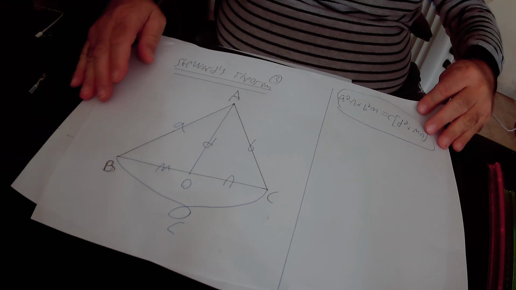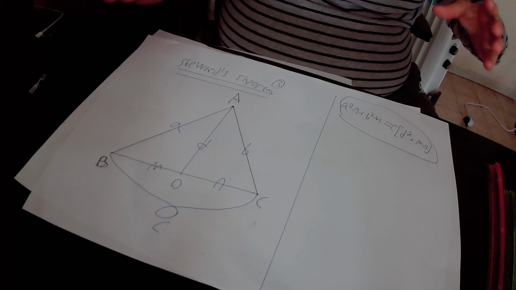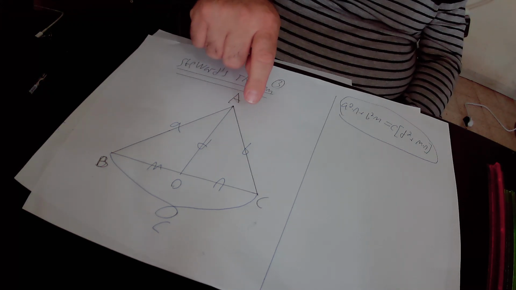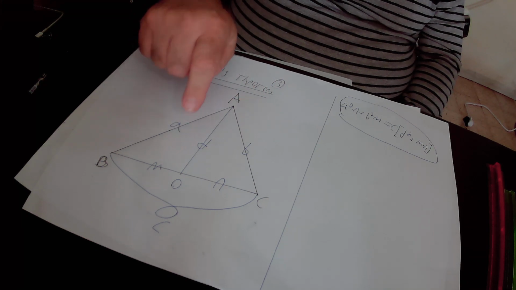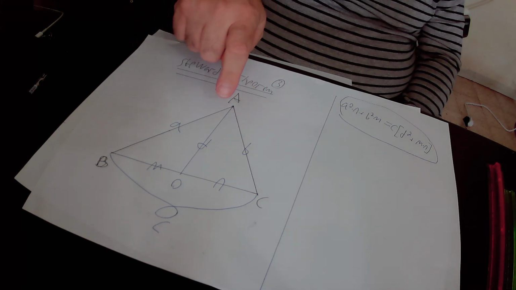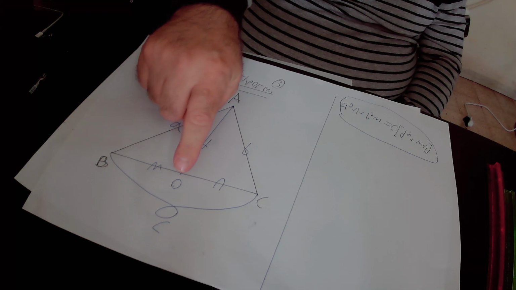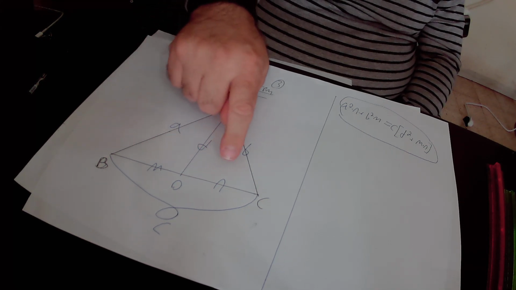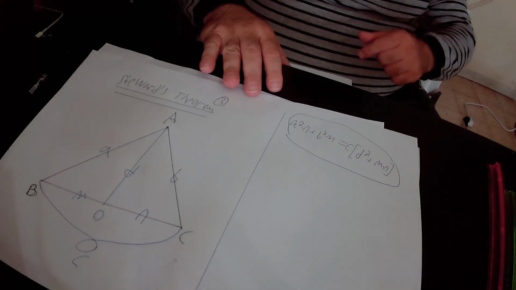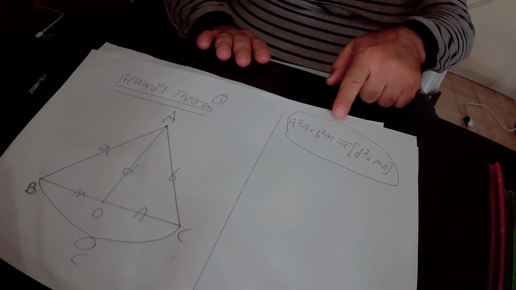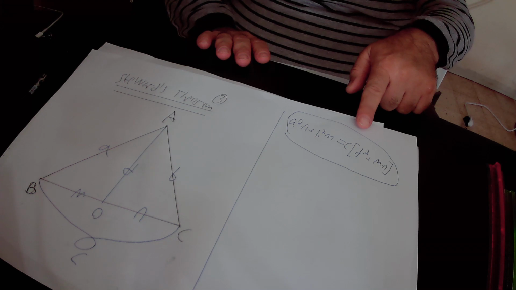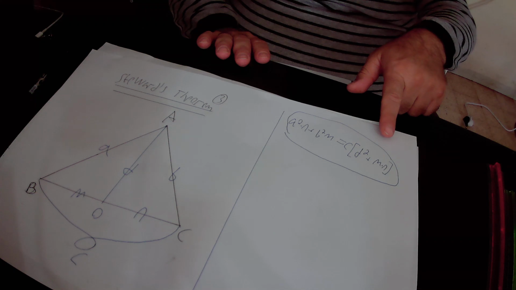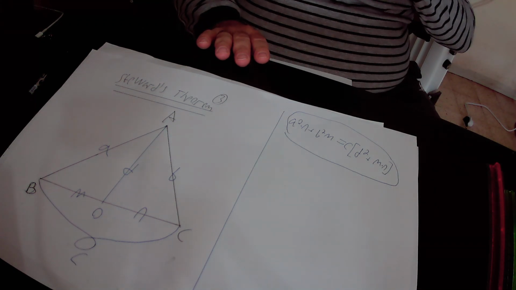Then, according to Stewart's theorem, the following equation is true: A squared times N plus B squared times M equals C, open brackets, inside the brackets we have D squared plus M times N. Okay, I'll repeat again: A squared times N plus B squared times M equals C, we open brackets, inside the brackets we have D squared plus M times N. Here we close the brackets.